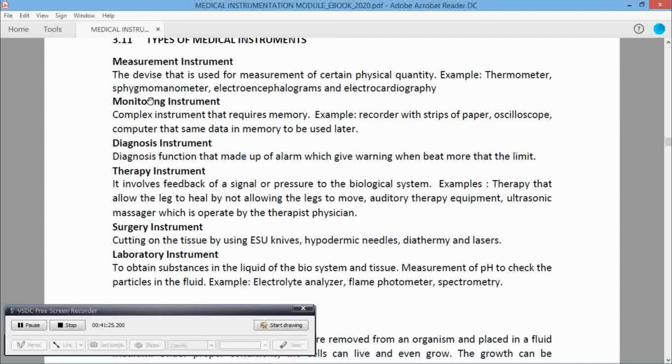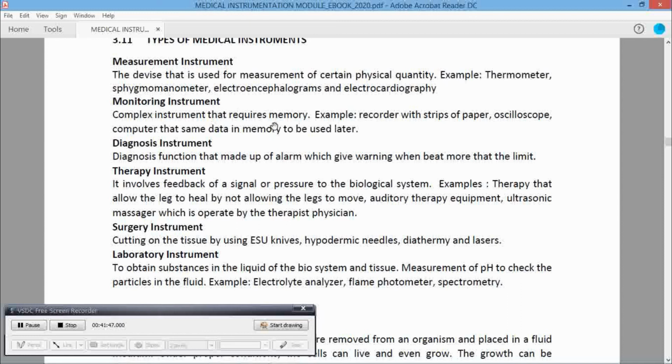Right. The device that is used, measurement means device used for measurement of certain physical quantity. Example, thermometer, spiral manometer, electroencephalogram, EEG, electrocardiography. So this one is considered as the measurement.